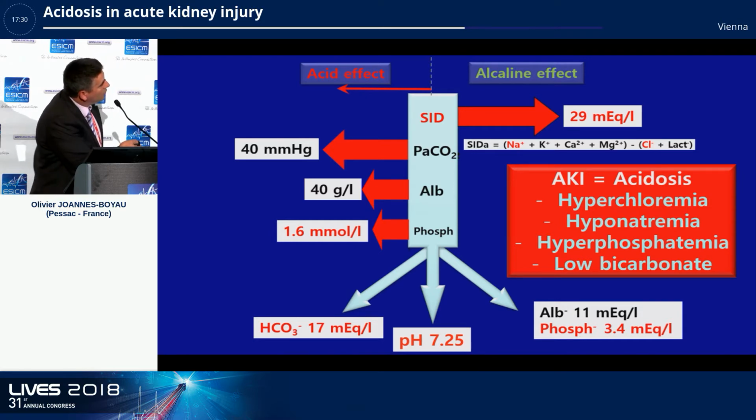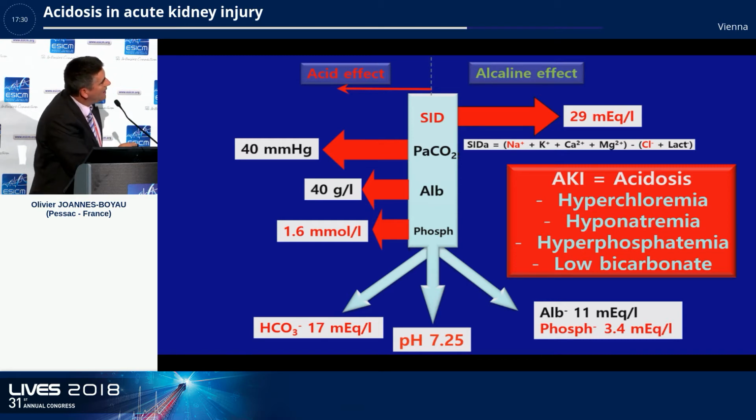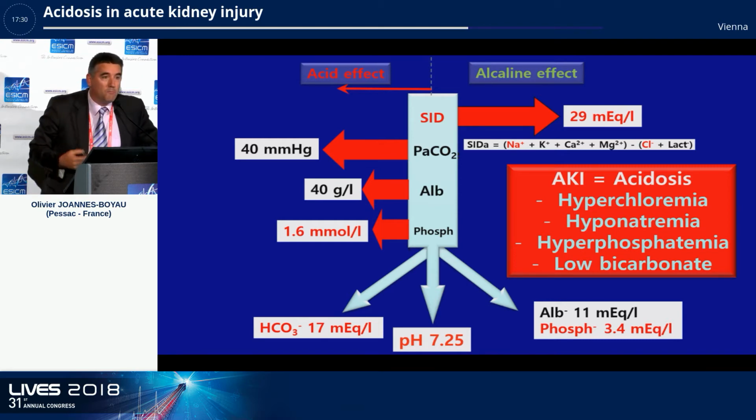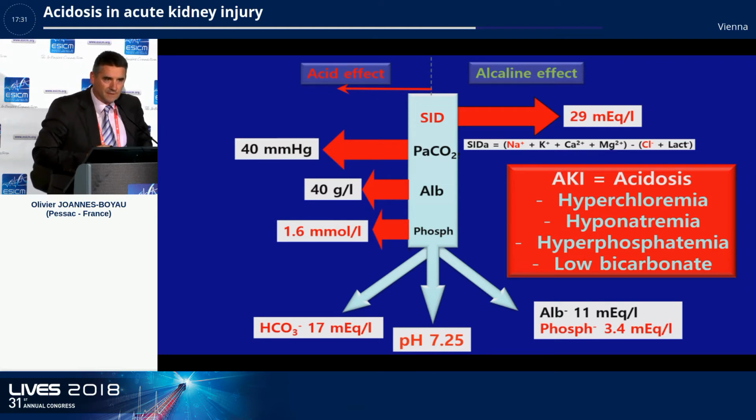You have low phosphate excretion, hyperphosphatemia. And at the end, you have low bicarbonate due to the low bicarbonate reabsorption. Another time, everybody is happy, and you can understand the different ways that you have acidosis with acute kidney injury due to the failure of some part of the nephron.